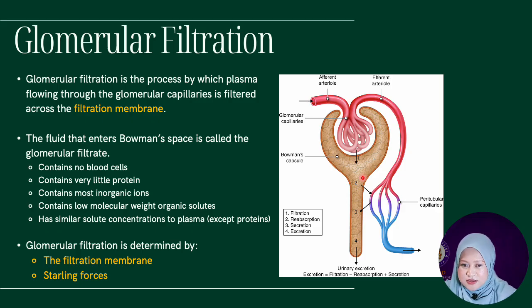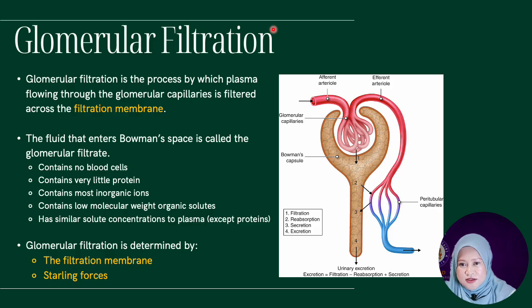Red blood cells, white blood cells, and platelets remain inside the capillaries. And large plasma proteins are also mostly retained in the blood. What crosses into Bowman's space is mainly water and small dissolved substances. So the fluid that collects there is called the glomerular filtrate. At this stage, the filtrate is quite similar to plasma in terms of small solutes.